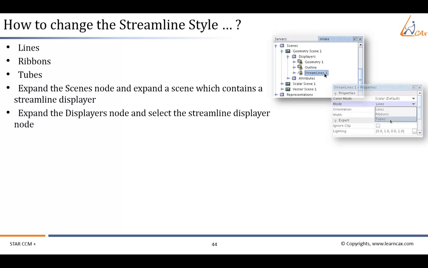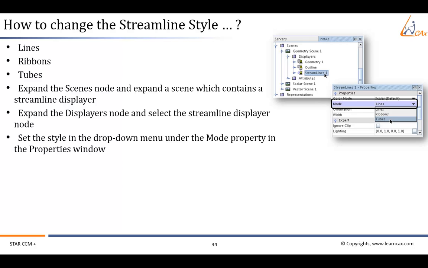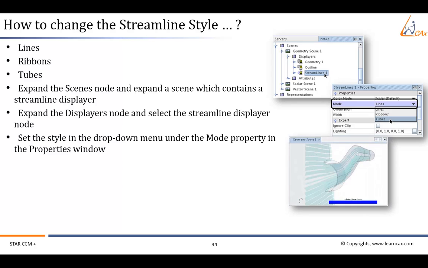Expand the Displayers node and select the Streamline Displayer node. Set the style in the drop-down menu under the Mode property in the Properties window. The Tubes option displays the streamlines as cylinders with the diameter of the cylinder being governed by the Width property. The Ribbons mode displays the streamlines as flat surfaces with a width governed by the Width property.